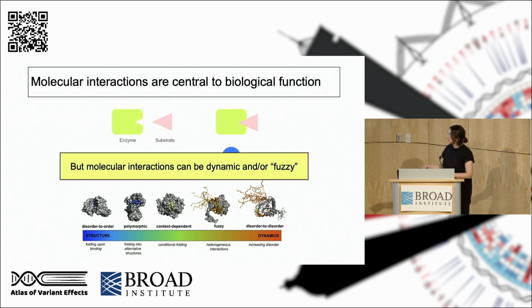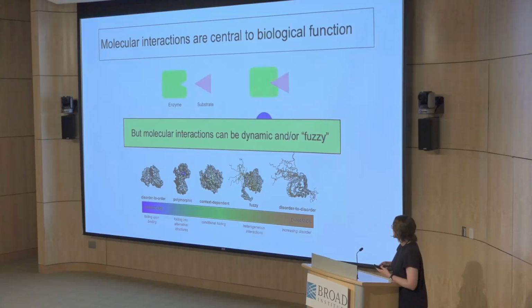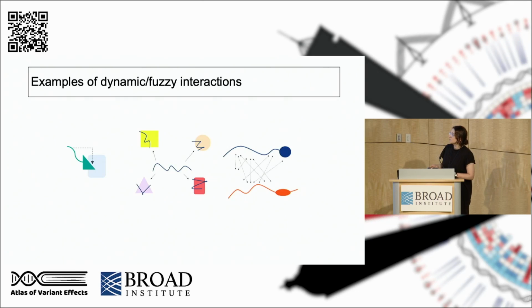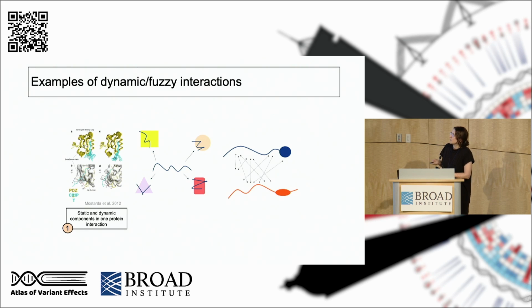And so here, they actually can lie on the spectrum going from more structured interactions to more dynamic interactions. Just to illustrate this with a few concrete examples out of many really cool examples out there. Examples of these dynamic interactions can include static and dynamic components in the same protein interaction.